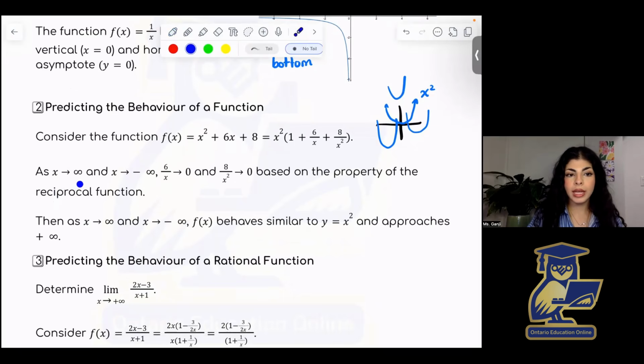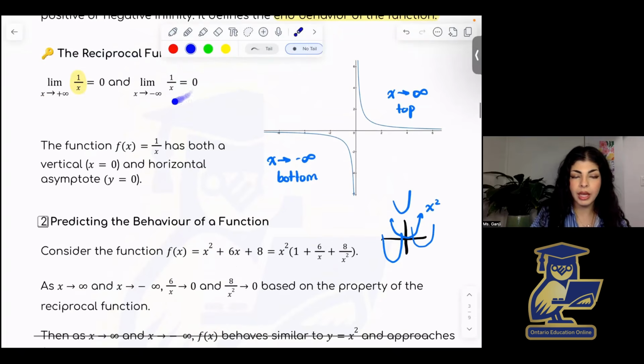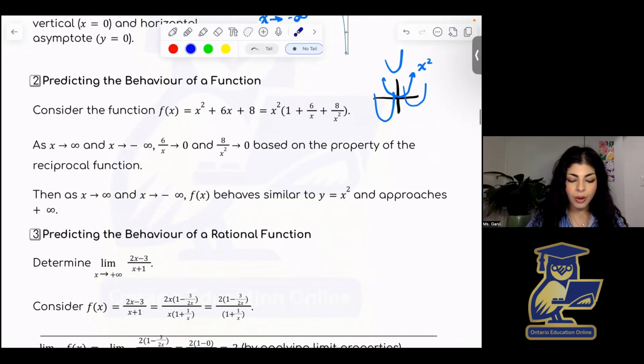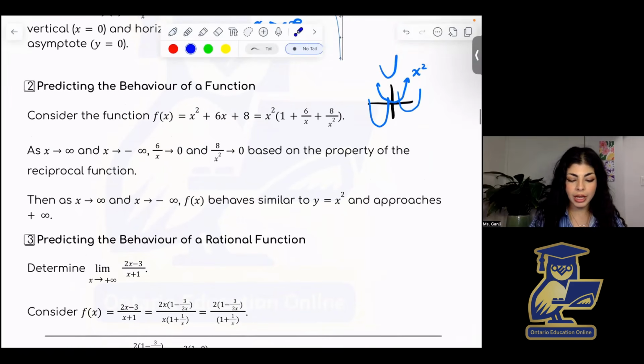As x is approaching positive infinity and same with negative infinity, these two are becoming 0. And this is just also based on the property of the reciprocal function because they are resembling this limit that we just saw here. And so, as x is approaching infinity and negative infinity, the behavior is similar to y equals x squared. And so it is actually approaching positive infinity the same way x squared does.